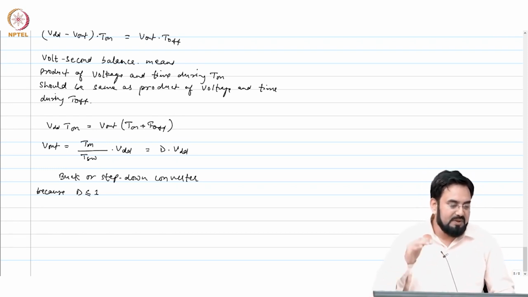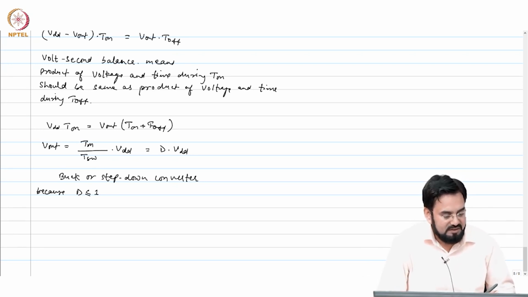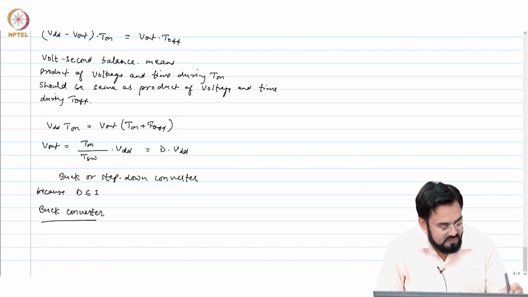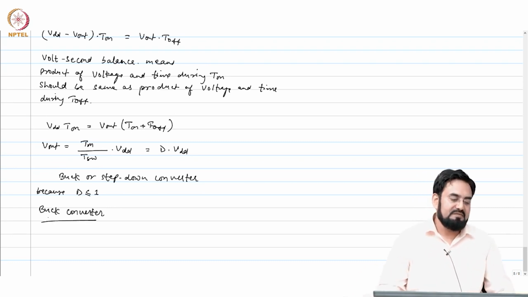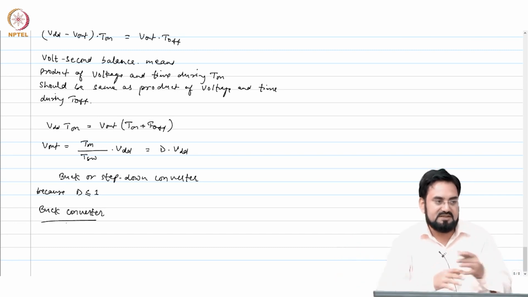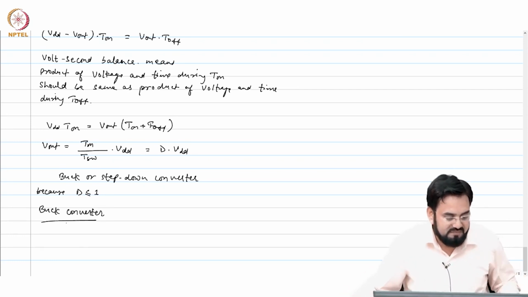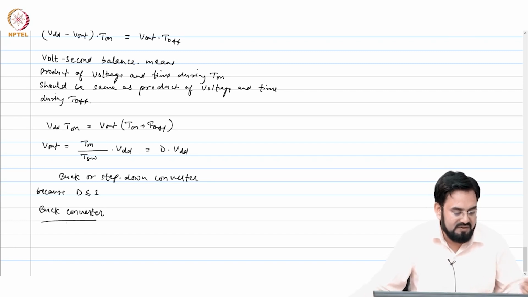So it can only buck or step down your output, and that is why we call it a buck converter. When we talk about the boost, we will do the same exercise and see the relationship between V in and V out. The same concept you apply and you will get the relationship between V out and VDD.